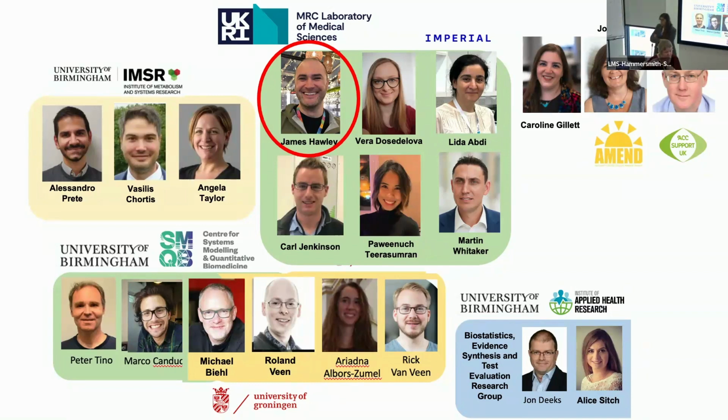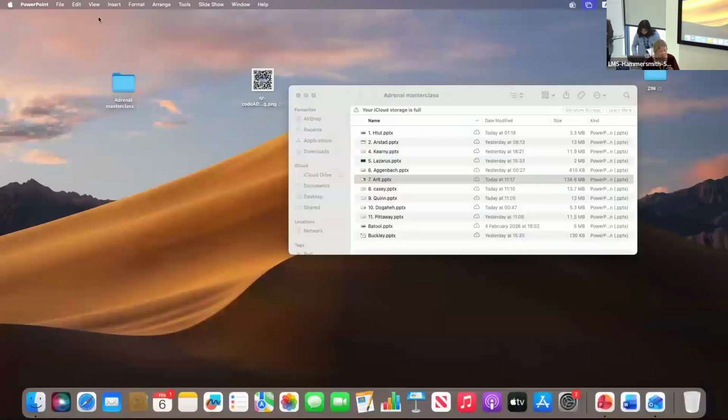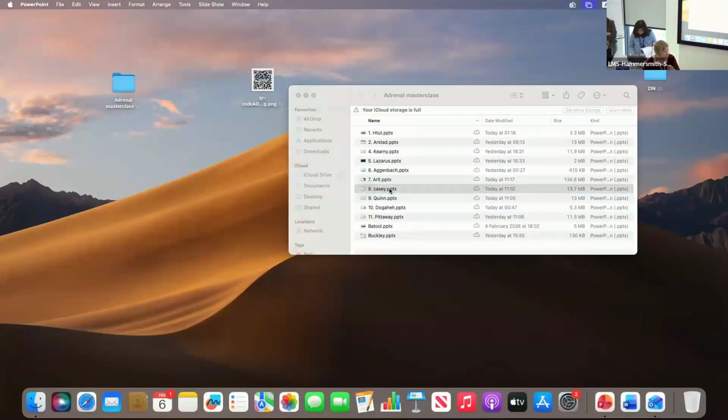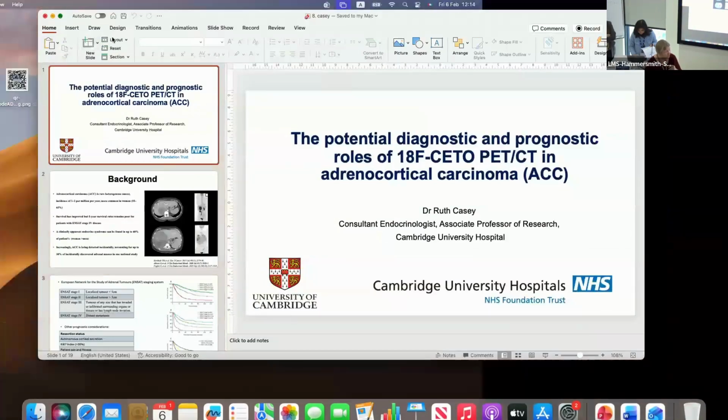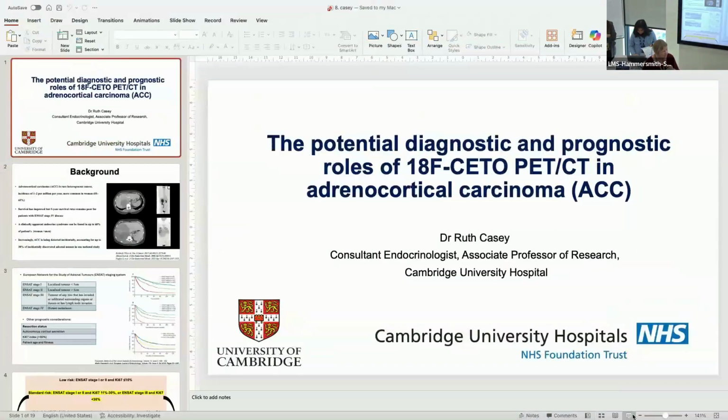I simplified it a little bit: we have low risk, intermediate risk, which is still very low risk, and high risk. We give a score of 0 for no risk, 1 for intermediate risk, and 2 for high risk. If you fall into the intermediate group, it is worthwhile to do a biopsy, because there is a large percentage of other benign and other malignant tumors that you can actually diagnose by biopsy. Obviously, upfront you would never do that.